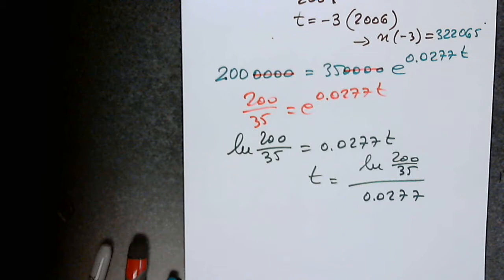Natural log of 200 divided by 35, close the parenthesis, and divide by 0.0277. I cannot recall the previous answer because then it will recall this. So it's roughly 63 years.